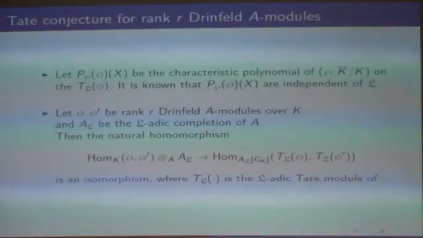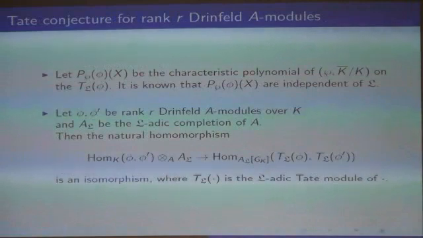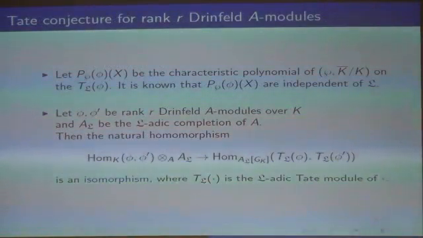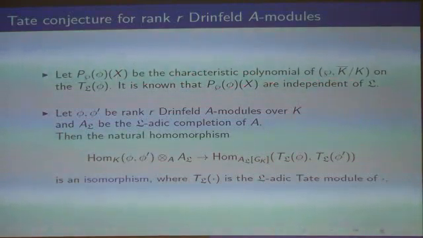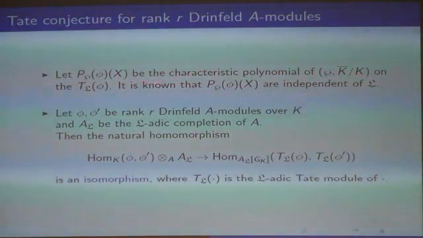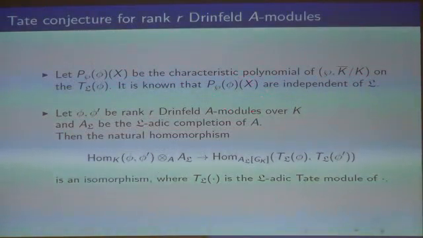Okay, then what is the Tate conjecture for rank R Drinfeld modules? This is the Artin symbol I mentioned just before, and then you take the characteristic polynomial of this Artin symbol on the Tate module. Then this characteristic polynomial is independent of the prime L.